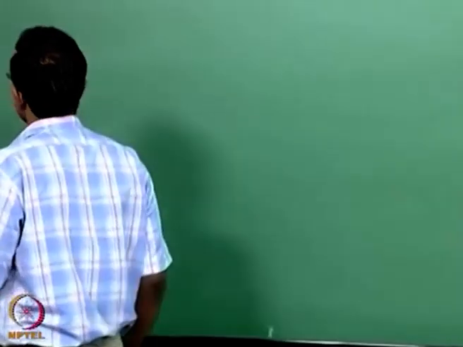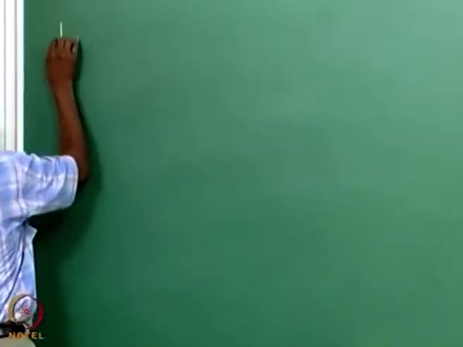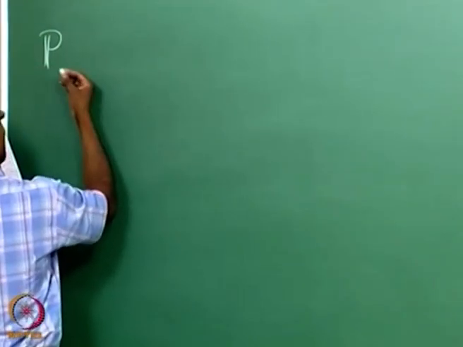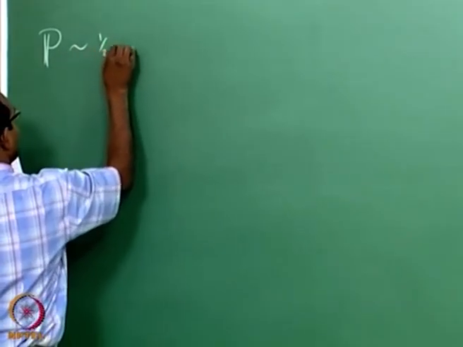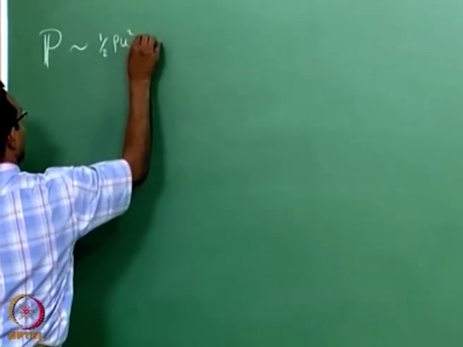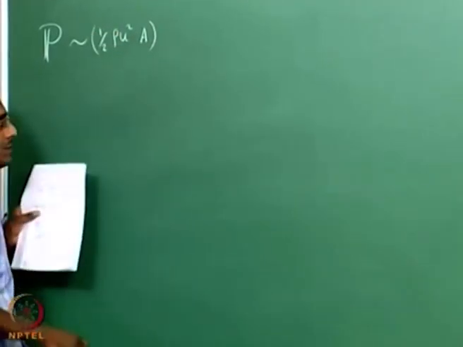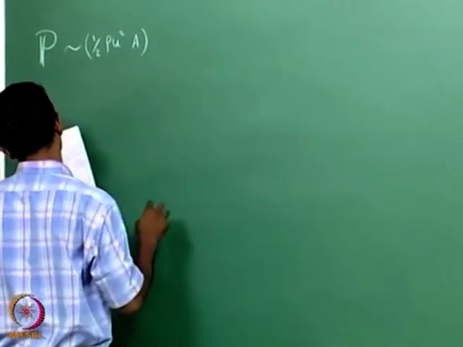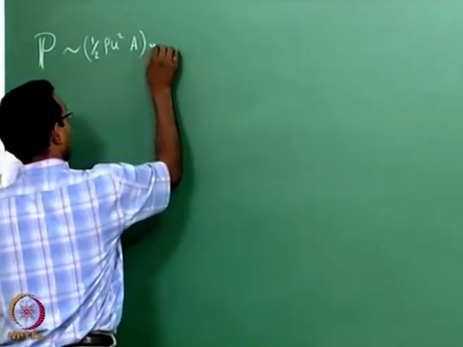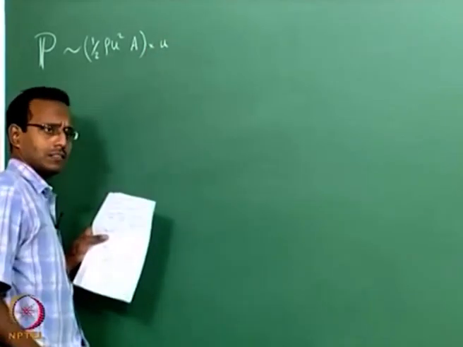First we will just look at the distinction. The main problem will be the power requirement. I am putting this double line P for power. It is going to be of the order of half rho u square times some area of cross section of the test section or so. This is the kind of force required multiplied by the velocity.